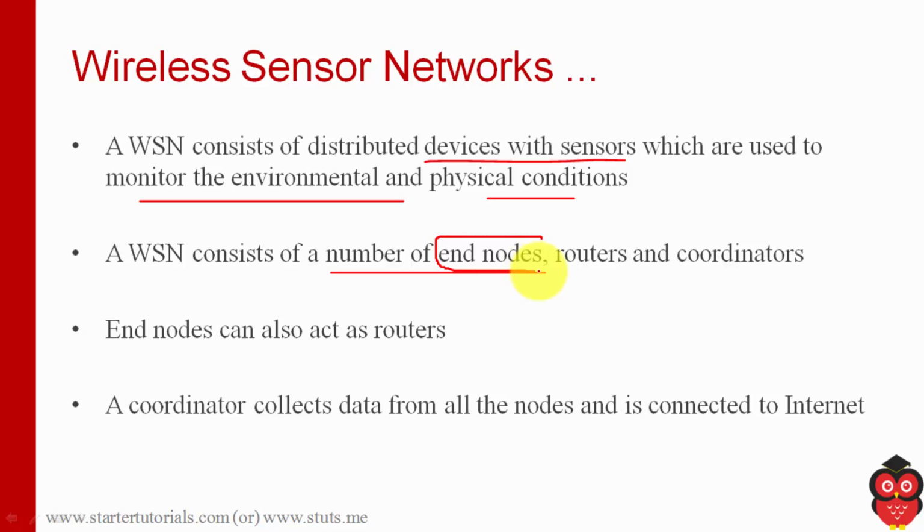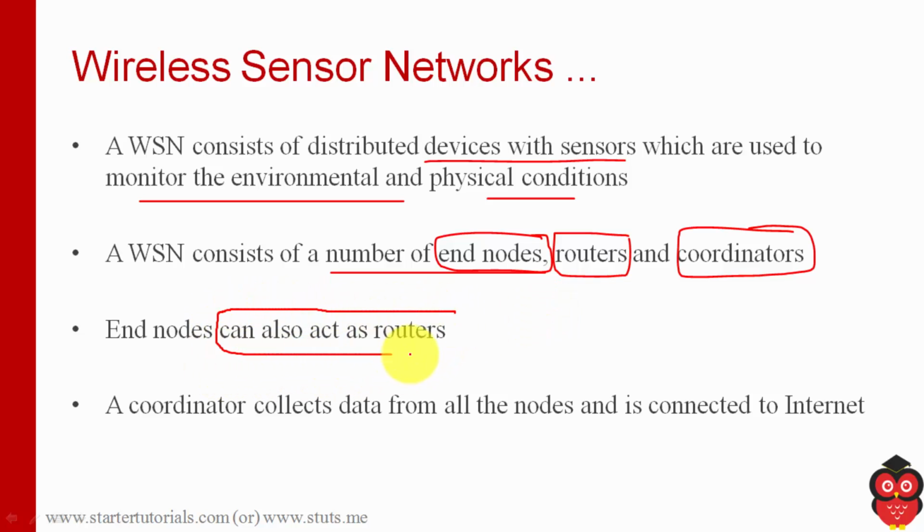These nodes can be either end nodes or routers or coordinators, a network coordinator. So if you take a wireless sensor network, you can find one or more coordinators, routers, or end nodes, which will contain sensors. These end nodes can also act as routers.